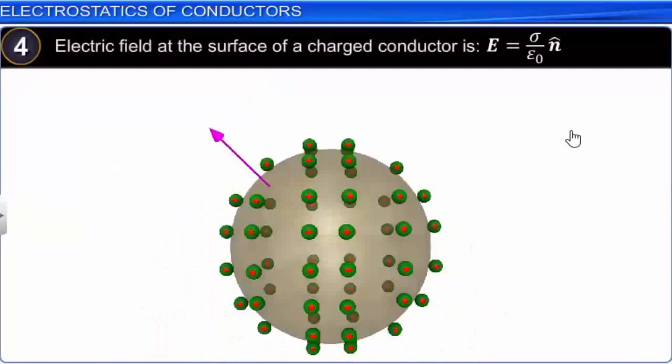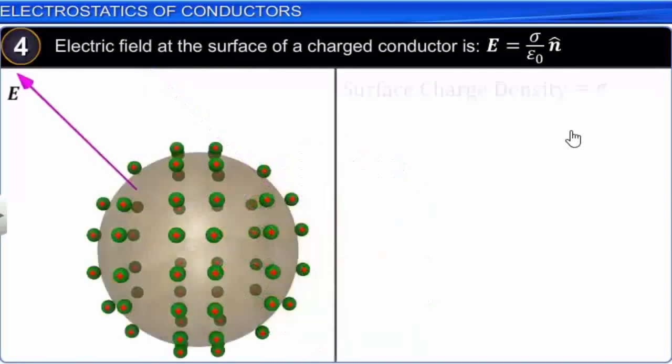Four. Electric field strength E at the surface of a charged conductor is equal to sigma by epsilon naught into n cap. Let the surface charge density be sigma. We know that the surface charge density is defined as the charge per unit area of the surface.